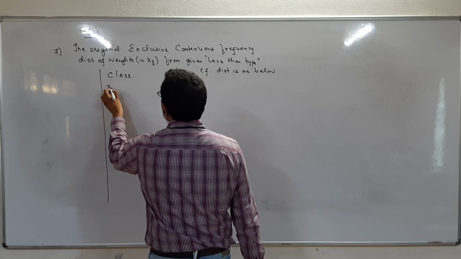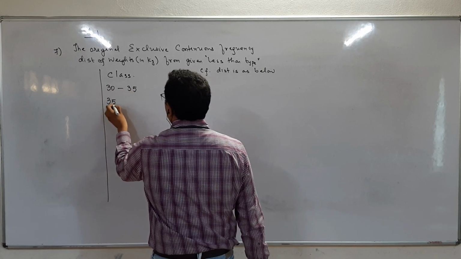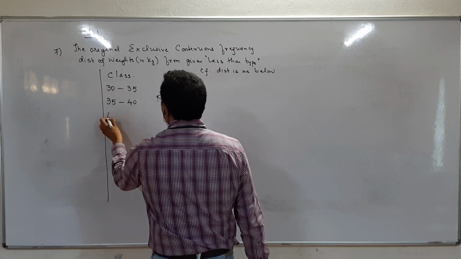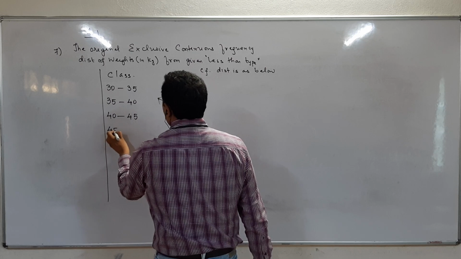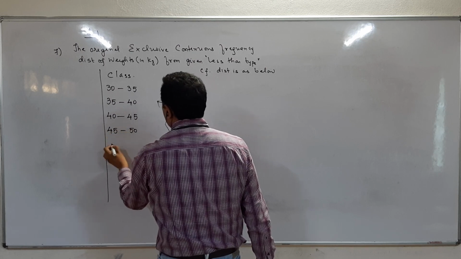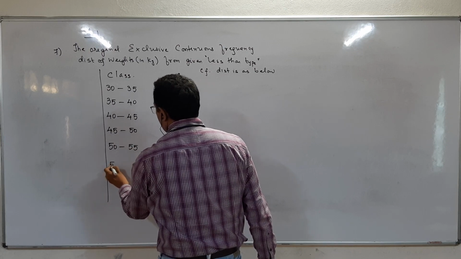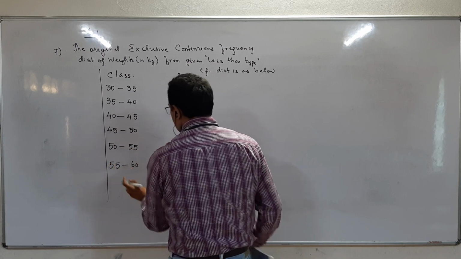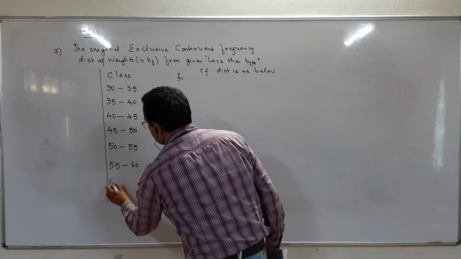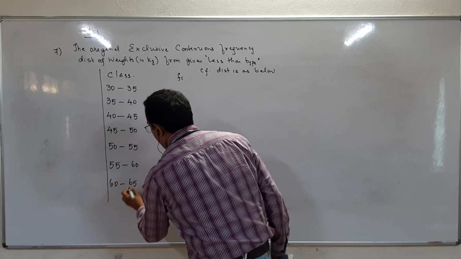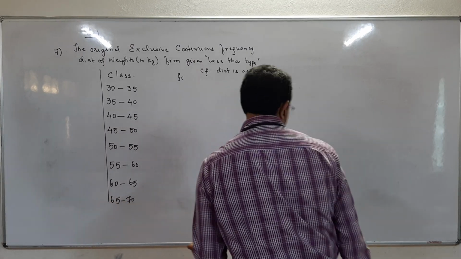So the first class will be 30 to 35, then 35 to 40, 40 to 45, 45 to 50, 50 to 55, 55 to 60, then 60 to 65 and 65 to 70.